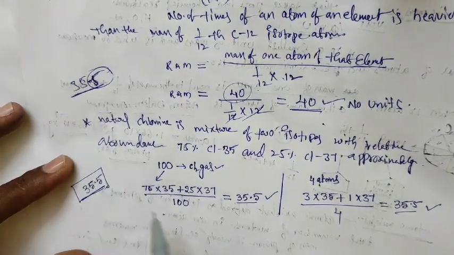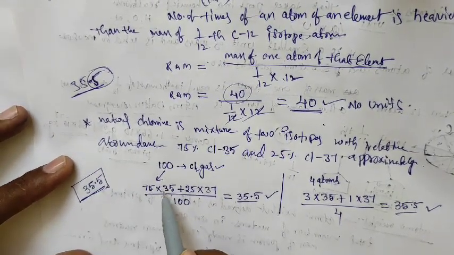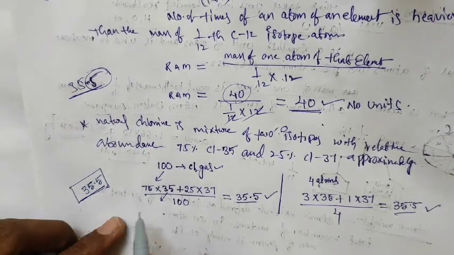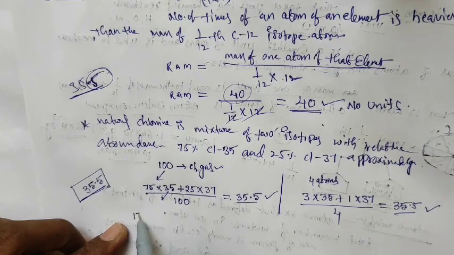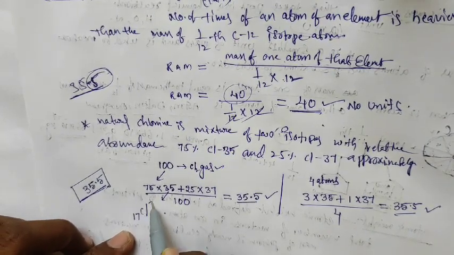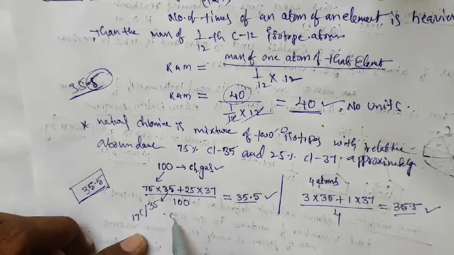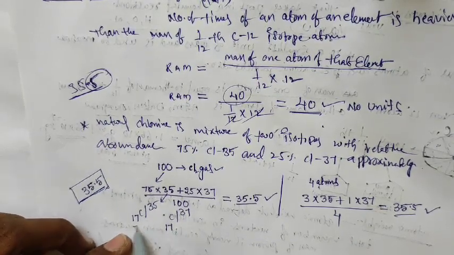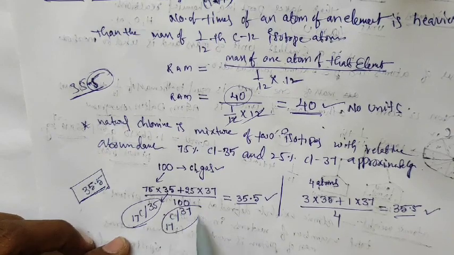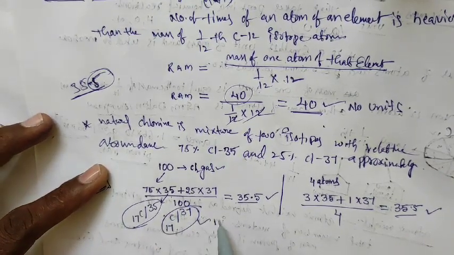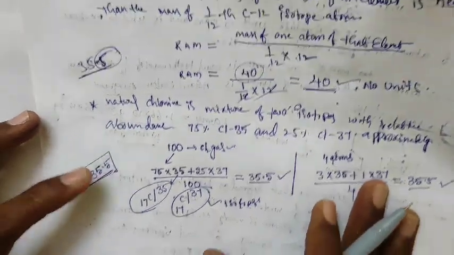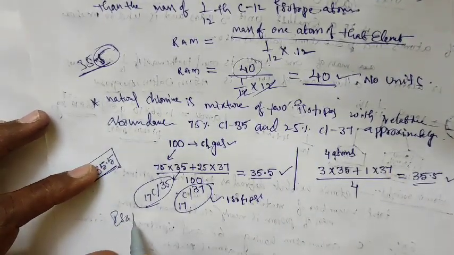Here the mass of chlorine is 35, I said. That means that chlorine has atomic number 17, mass 35. One more chlorine also has 17, mass 37. So these two are what? Isotopes. I will say the isotope definition now.